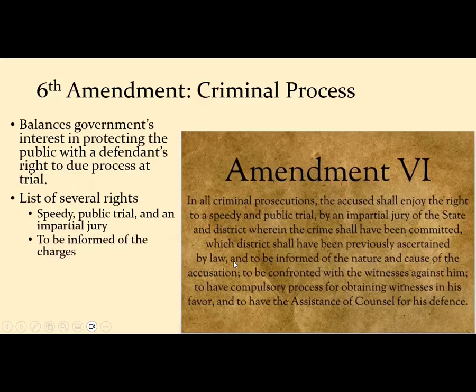Next, the right to be informed. The right to be informed of the nature of the case and cause of the accusation. So that is interpreted as the right to be informed of the charges brought against you as a criminal defendant. There are several times in the scope of a criminal prosecution where the defendant must be brought before the judge. I think the requirement now is like 24 or 48 hours.